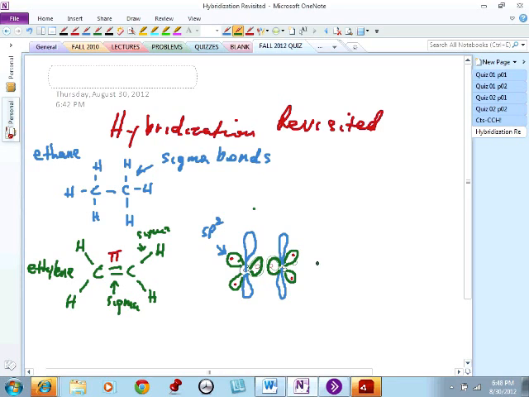Now these 2 carbon atoms want to join together. Of course, we know that the hydrogen will be here somewhere. I'll use a different color here.